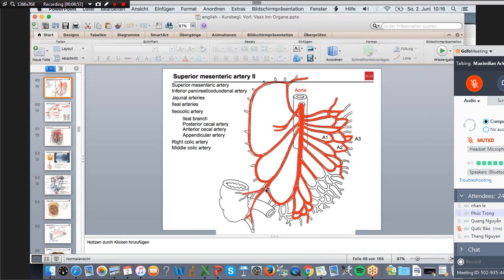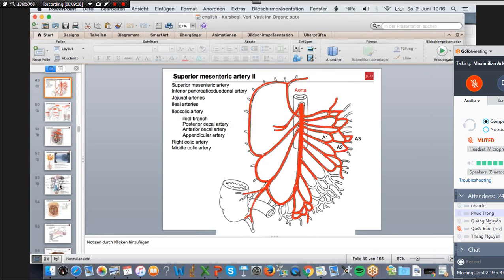So if you have a thrombus or an embolus which could close and obliterate these blood vessels, it could easily happen that you have an ischemic gut, so you have to do a hemicolectomy for that.